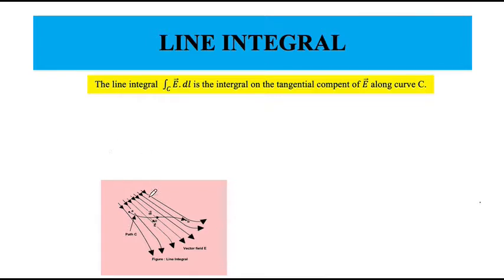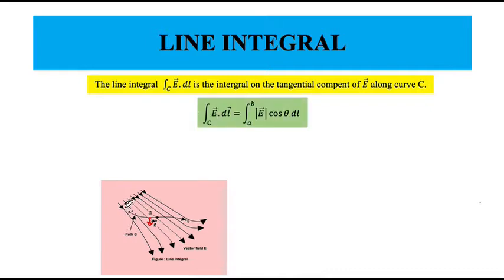So the line integral of E dot dl for a line or curve C is the integral of the tangent component of E. If you look at this diagram, it's a tangent to the E along the curve C.